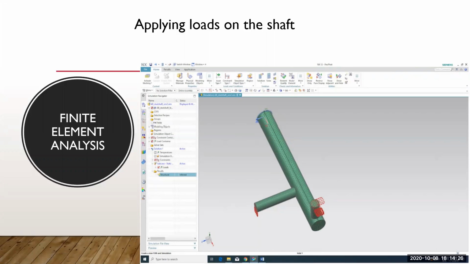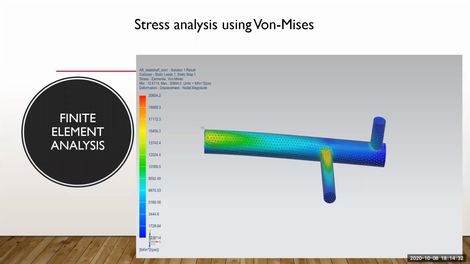And when I ran the simulation, I found this was the final result of the simulations. And this is specifically the stress analysis using von Mises theorem on the simulations.